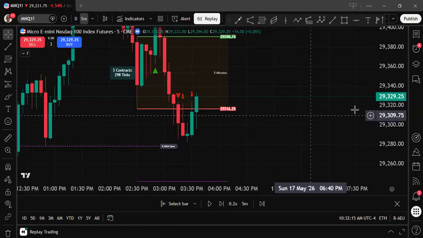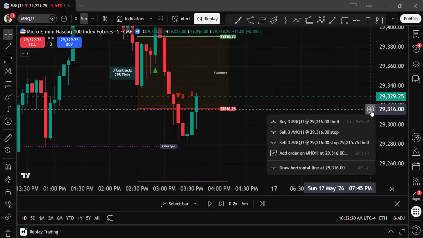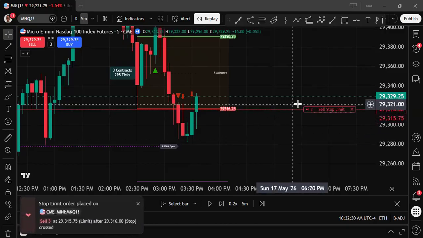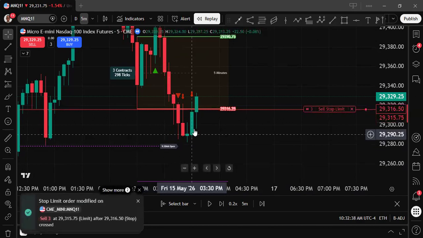So let me go ahead and hit this little button right here. Sell three limit, I mean sell stop, or limit sell. Boom. So basically my thought process is this.